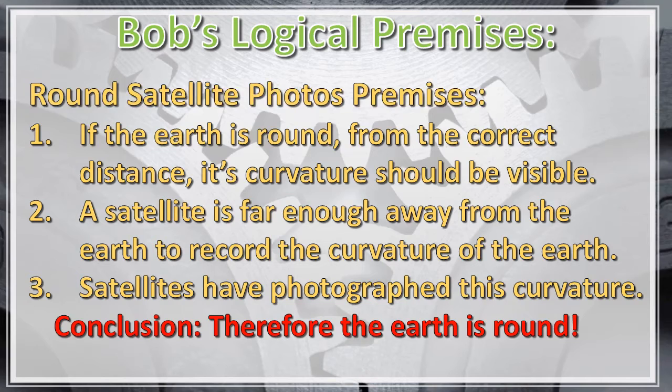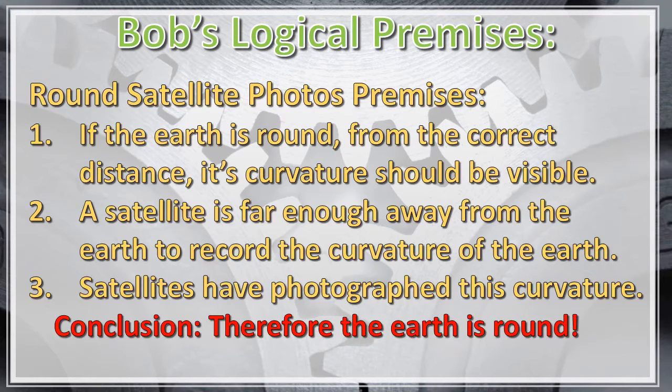For example, Bob's round satellite photo argument can be broken down by making what are called premises, which are simply principles that should lead us to the conclusion we're trying to prove. The details of the satellite photo argument are: if the earth is round, when you get far enough away from it, you should be able to see the curvature of the earth.